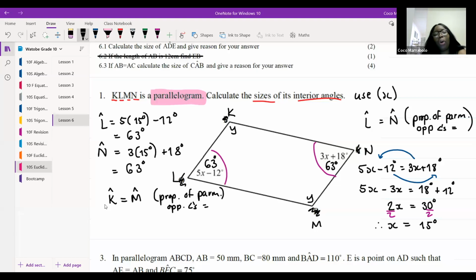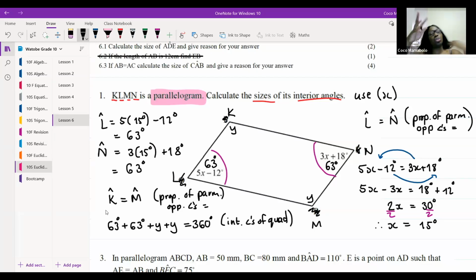So I'm going to add up all the angles of my parallelogram or my quadrilateral. Okay, so I'm going to go 63 degrees plus 63 degrees plus y plus y is equal to 360 degrees. And then I can just say the interior angles of any quadrilateral will give us 360 degrees.